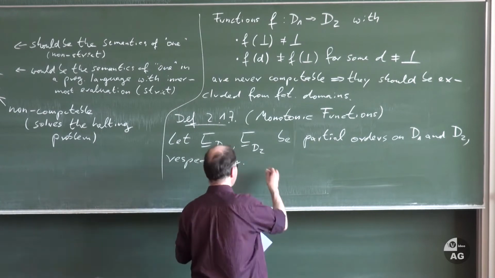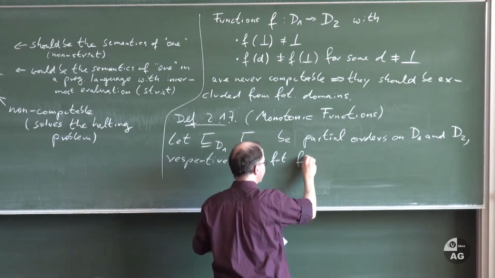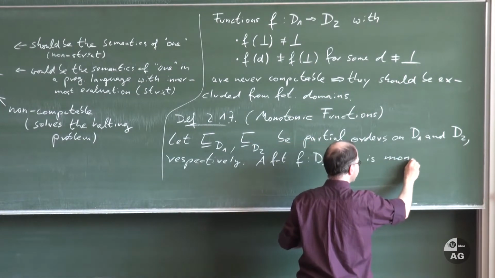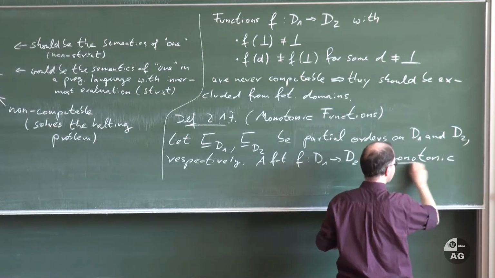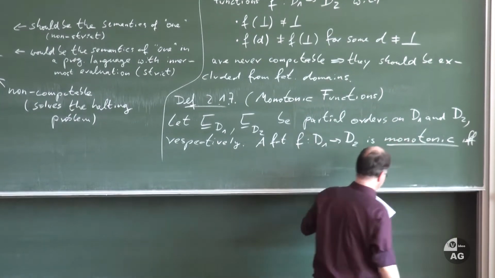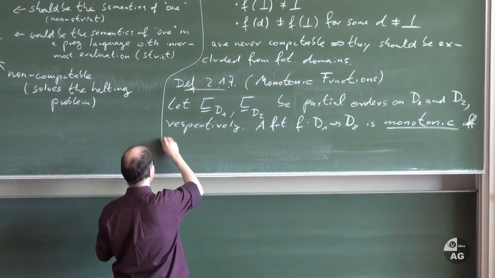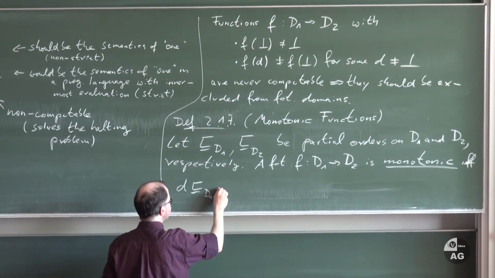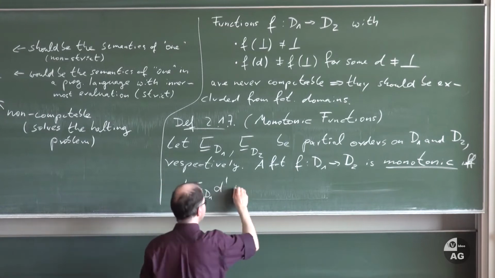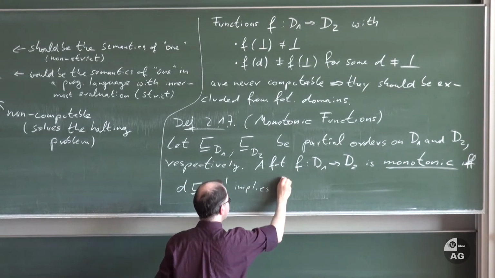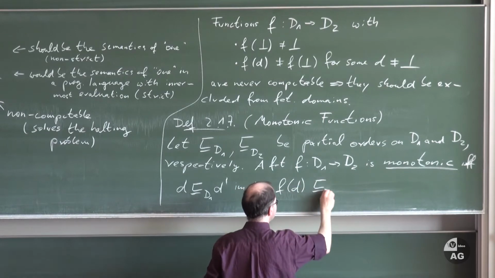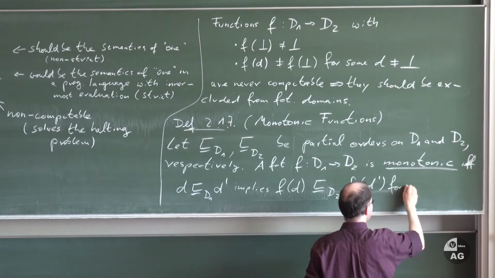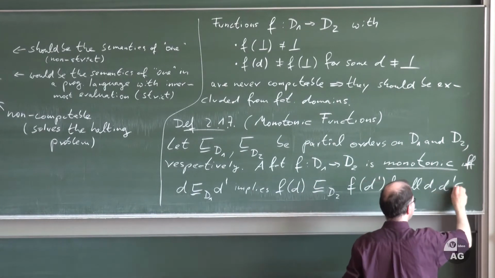So a function f from D1 to D2 is called monotonic if and only if D less defined or equal to D prime always implies that f of D is less defined or equal to f of D prime for all D and D prime from D1.